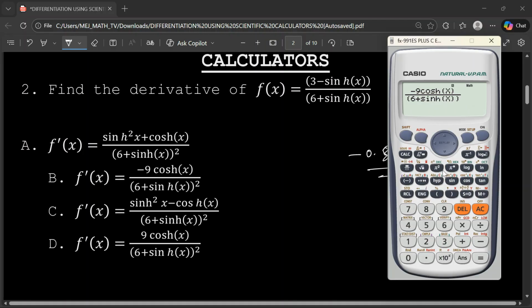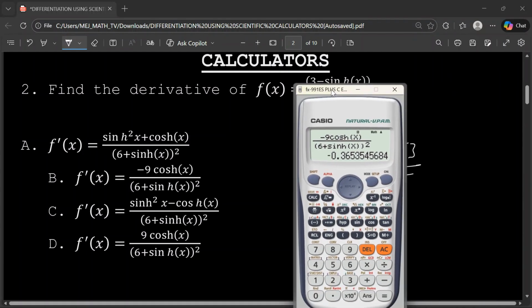We close it, all squared. Excellent. And so option B is the correct answer.